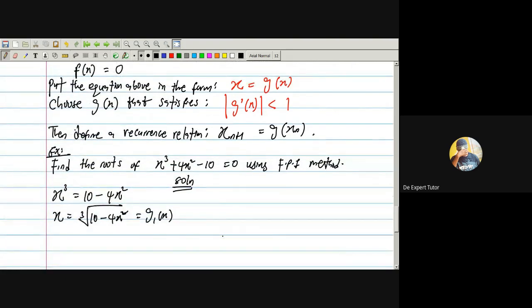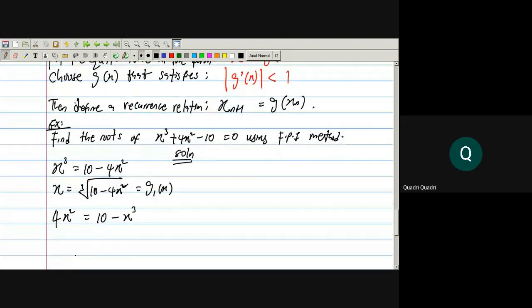Another student might decide to make x squared the subject of the formula. So I'm having 4x squared equal to 10 minus s cubed. If I divide both sides by 4, I'll be having x squared equal 1 over 4 times 10 minus s cubed.